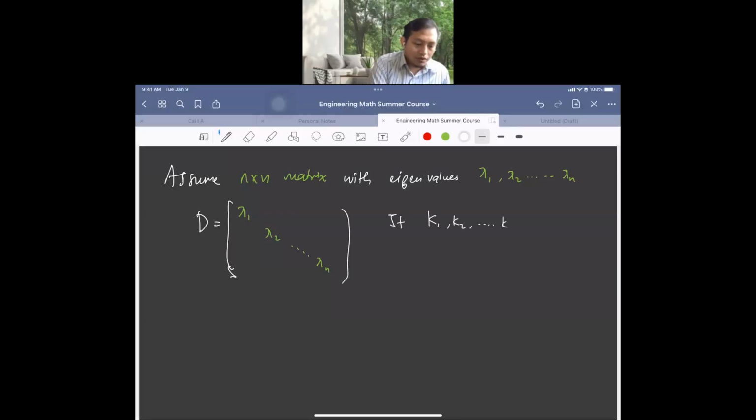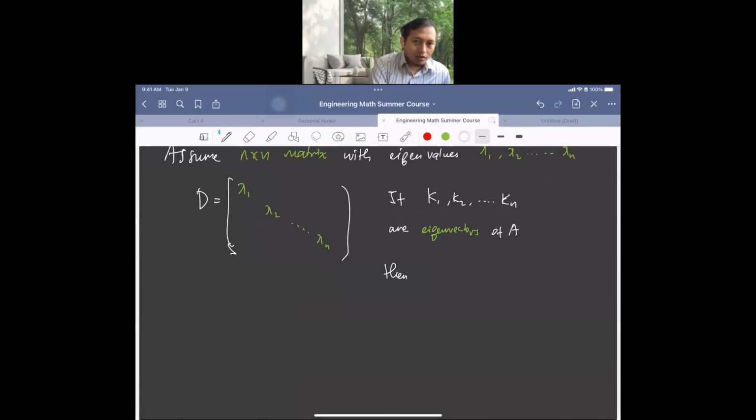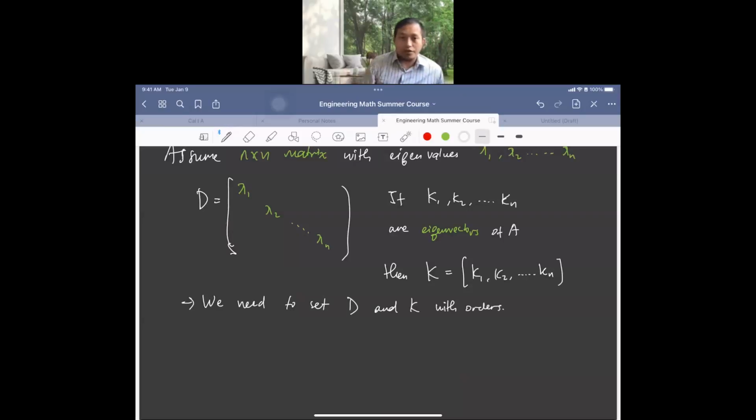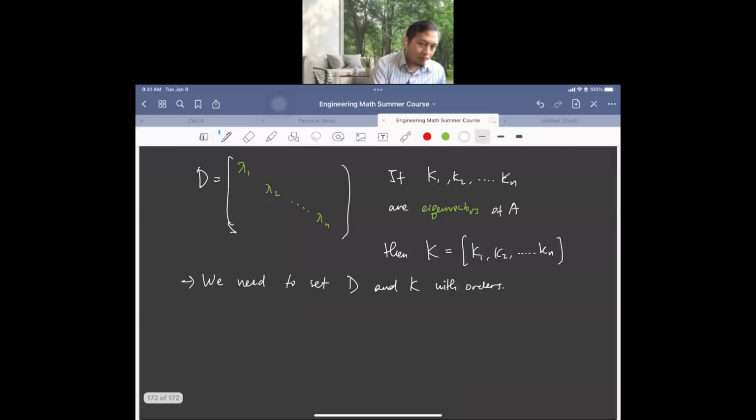If k1, k2, and kn are eigenvectors of A, then the K that we want to apply is k1, k2, until kn. Another thing we need to set up is to arrange D and K with matching orders.